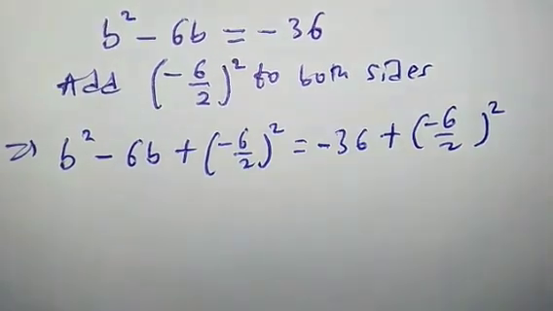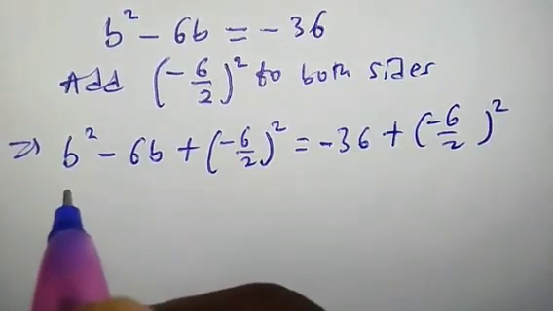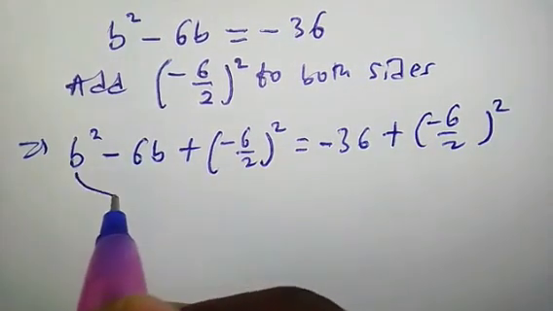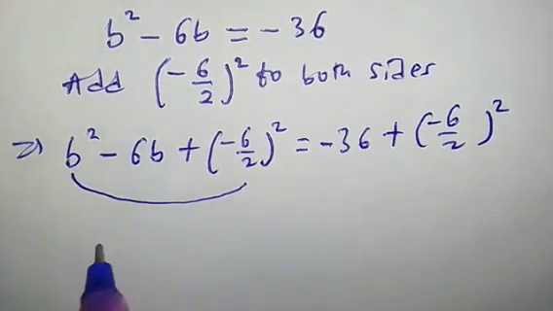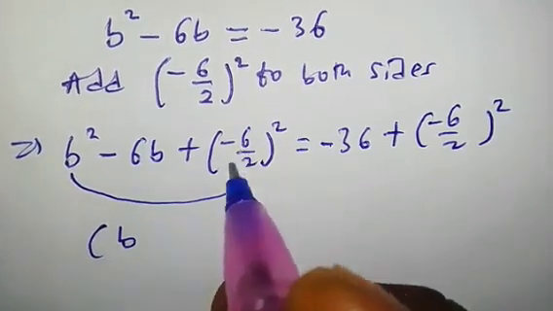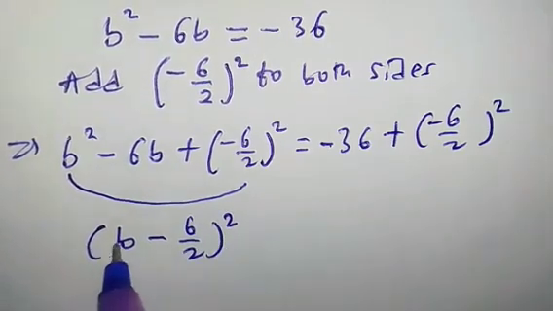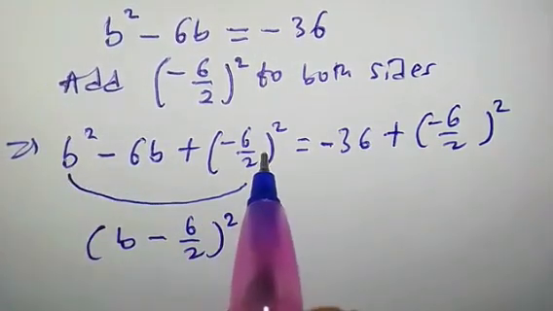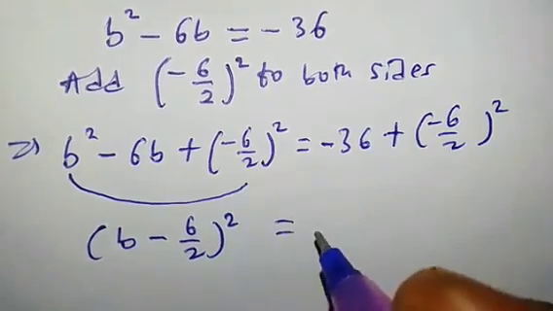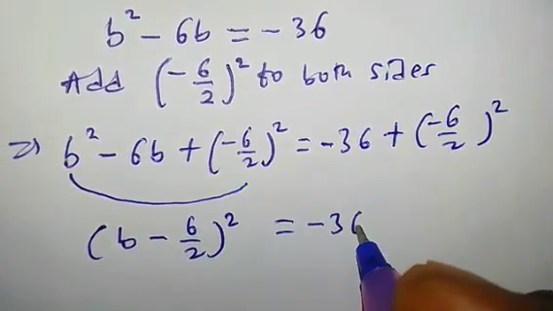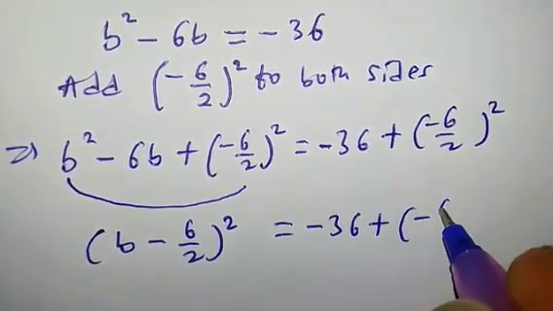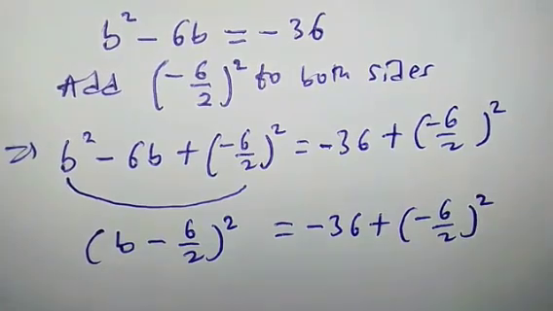Now, to combine this, we're going to write b minus 6 over 2 all squared. When you expand this, you will have this left hand side back. This is equal to minus 36 plus minus 6 over 2 all squared.